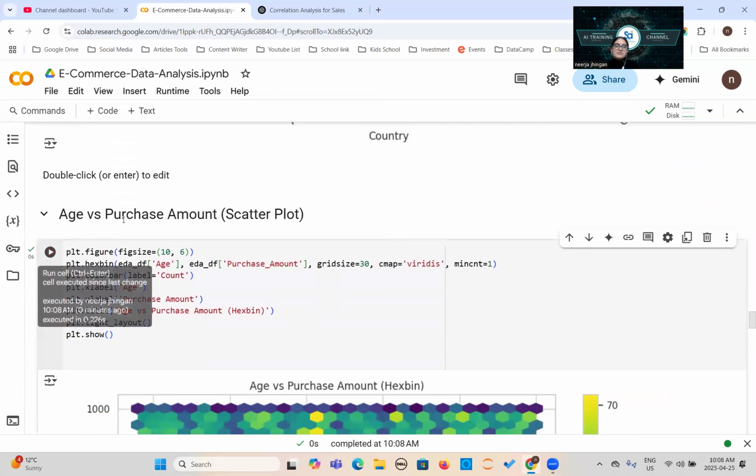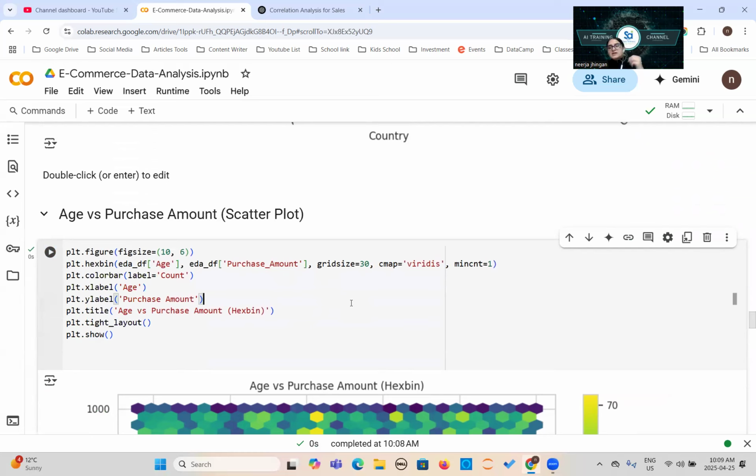So this is age versus purchase amount. This is another very useful graph because whenever you start any e-commerce store, you are more interested to know about the age of the person and which age group is buying which product, right? And how much money they are going to spend.